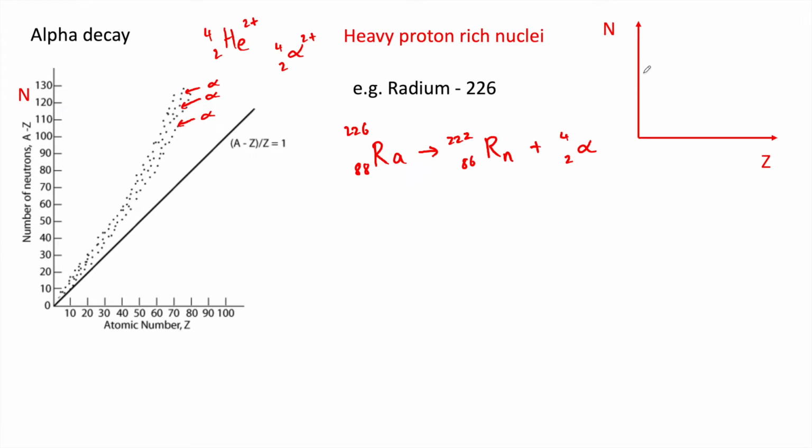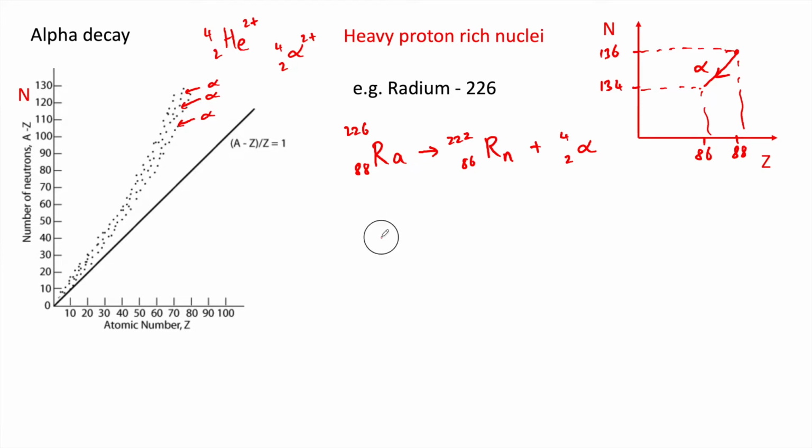You can also plot this on the graph here, because we started with 88 protons and we started with 136 neutrons. So that is where our unstable nuclei started. And then of course it lost 2 protons and it also lost 2 neutrons, so it ends up here. So you can see that alpha decay is moving it towards the stable region.